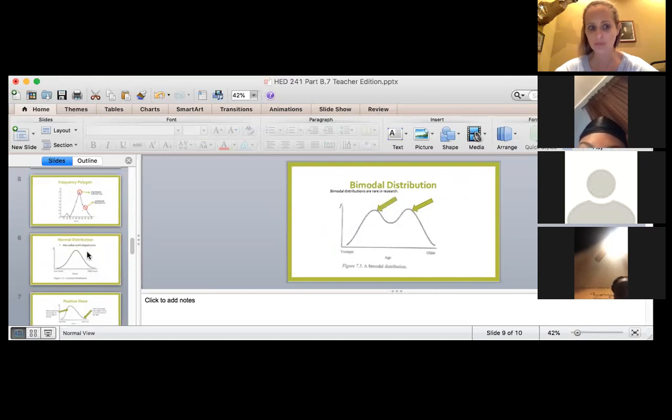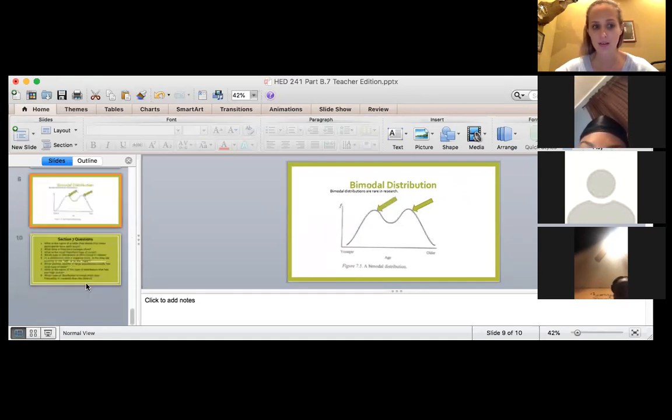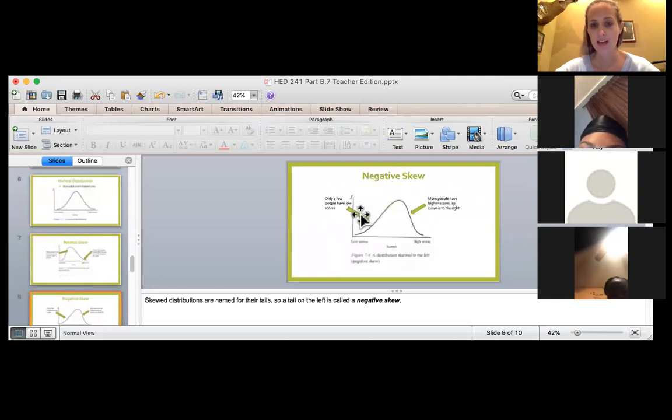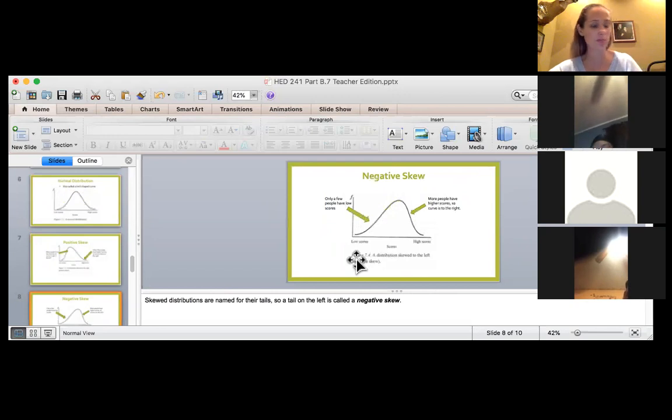It would be negative, because I said a lot of people are obese. The high numbers are out here. So I said that people are either super skinny or obese, what would it be? Bimodal? Excellent. And if I said that very few people were obese? Positive. There you go. Does that make sense to everyone else? Yes. Perfect. Good.